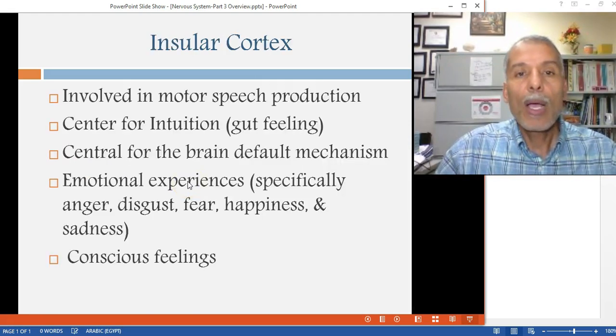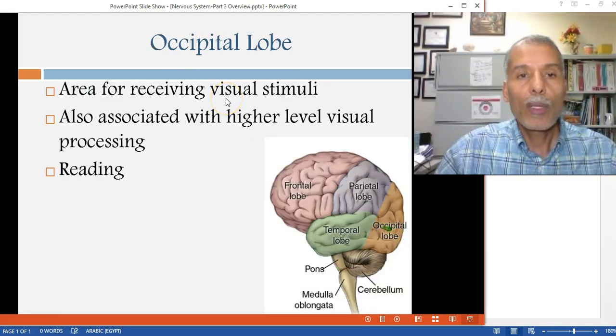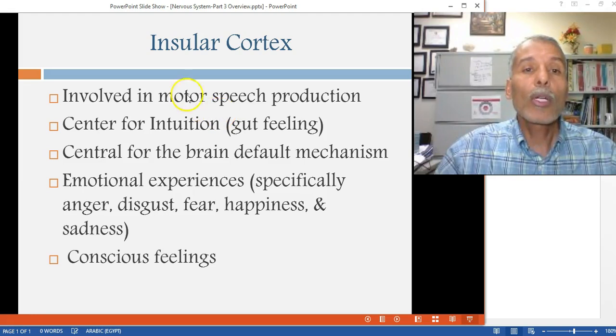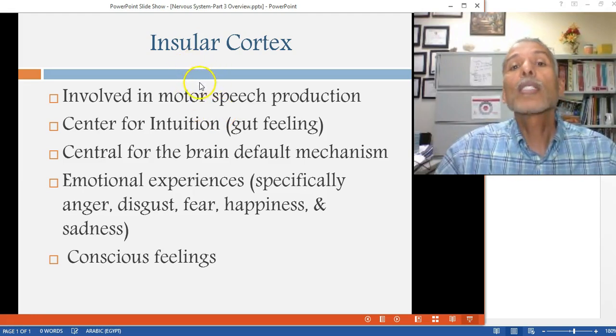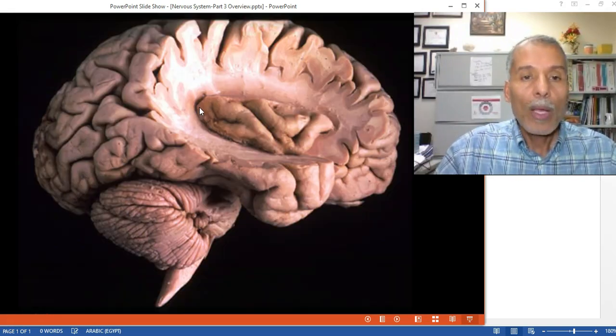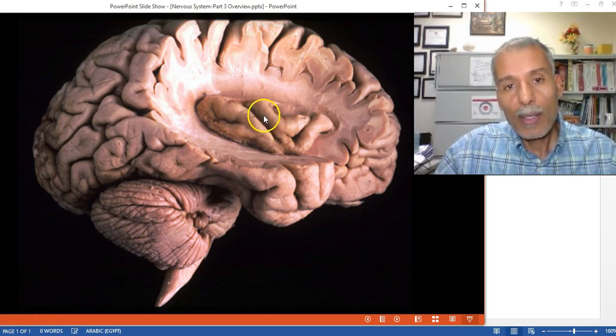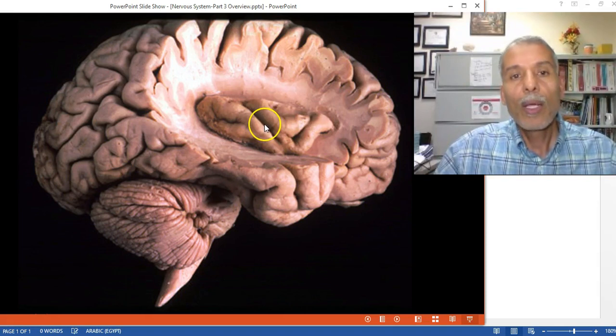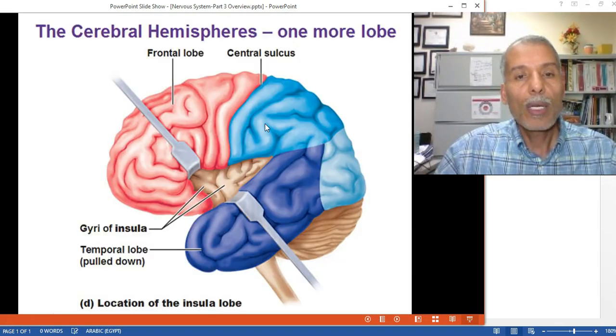And then the insula. So now we looked at all the lobes, and now we look at the insular cortex, or the insula. The insula is buried, you know, under several covers here.